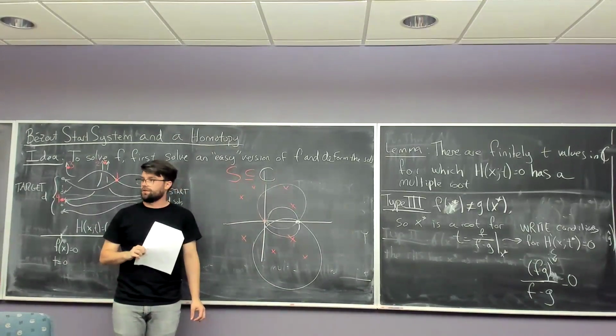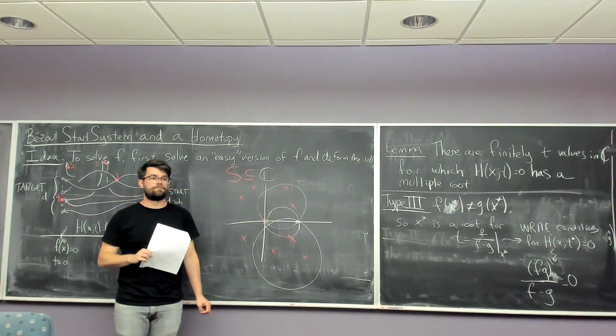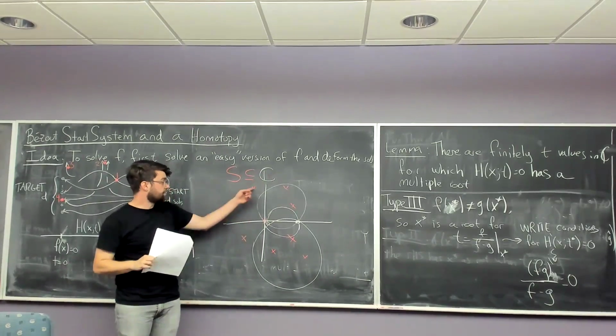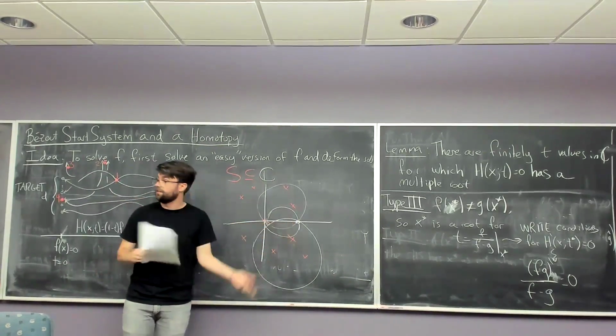How many of these circles go through one of the red X's? Yeah, if you fix a single red X, then these 3 points have a unique circle.